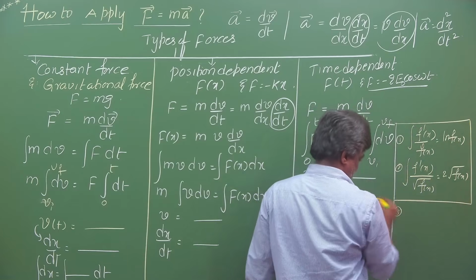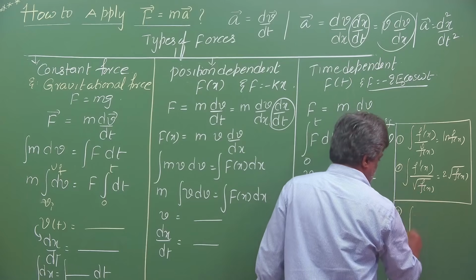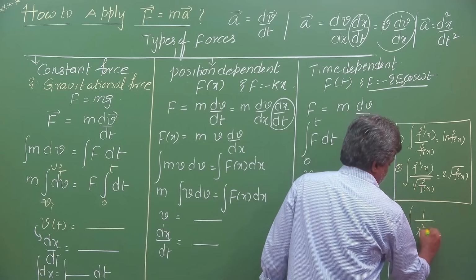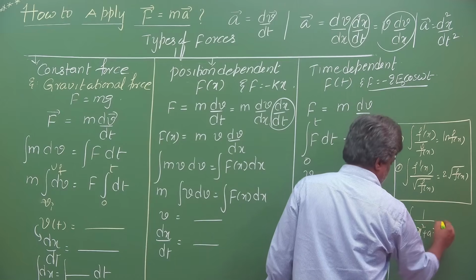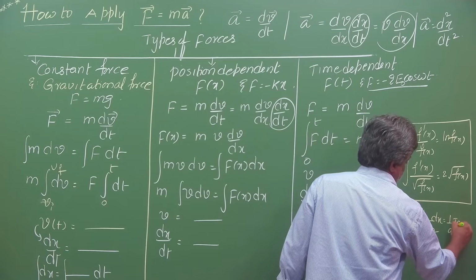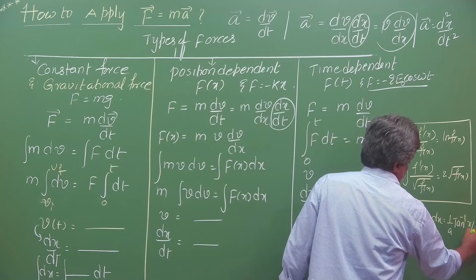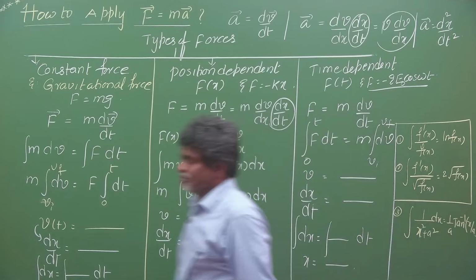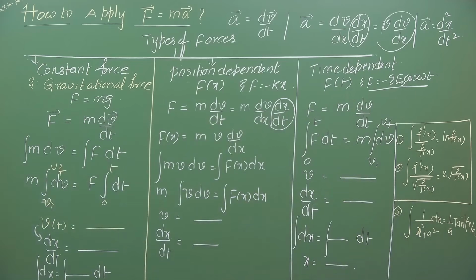And the third one, I think tan inverse also somewhere we will use: integral 1 by x square plus a square dx equal to 1 by a tan inverse x by a, something like this. Are you ready? Next, what are we going to do? Problems.